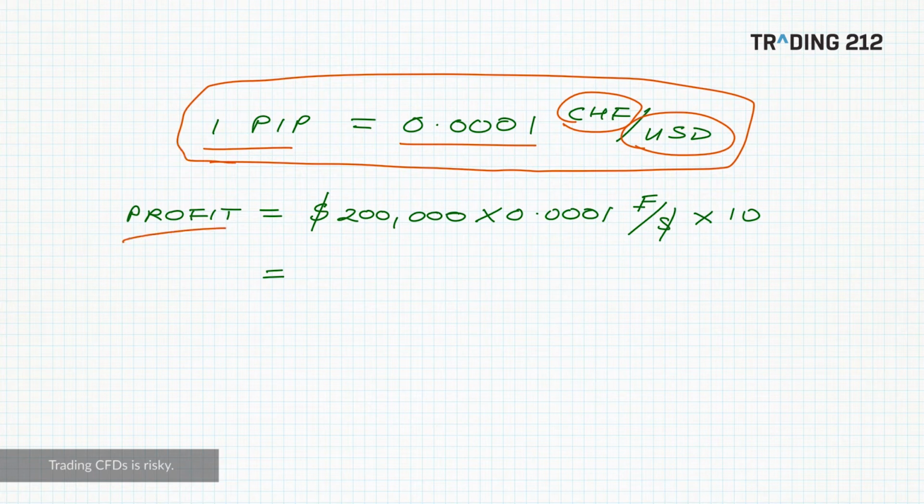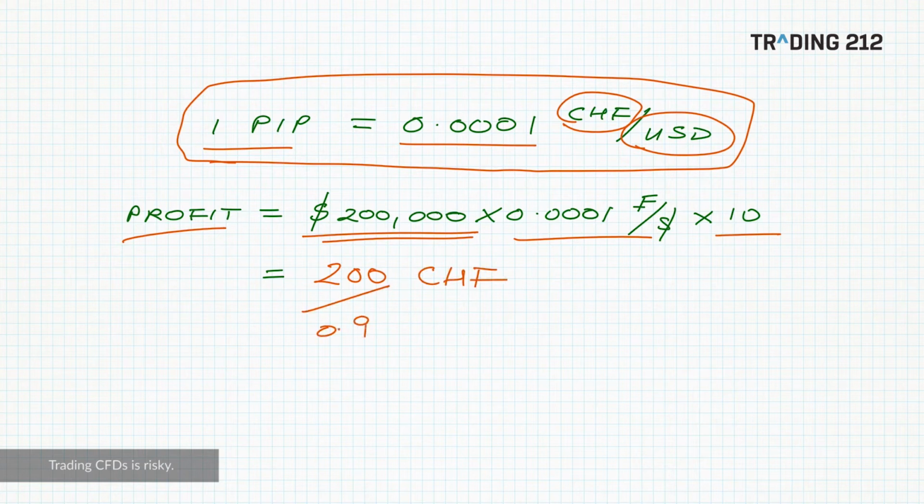So your profit is a $200,000 transaction size multiplied by that pip value, multiplied by the number of pips you made. And so your profit, if you work those numbers through, works out as 200 Swiss francs. At an exchange rate of 0.9802, that's roughly about 204 US dollars in profit.